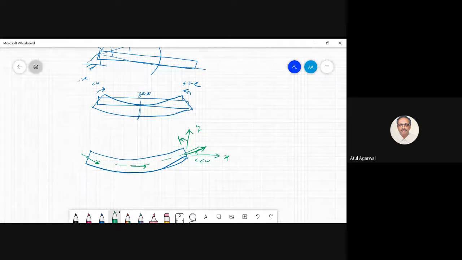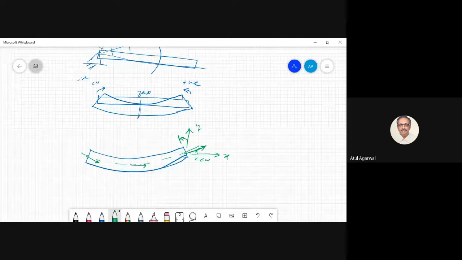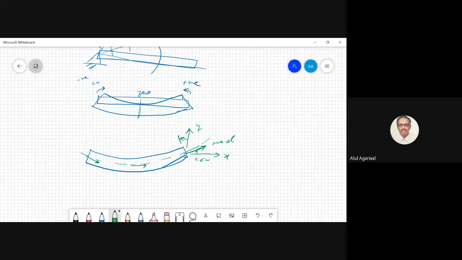What is the slope? Positive slope. You see this neutral surface is having a positive slope. Here, what is the angle made by the tangent? Clockwise. Here, what is the angle made by the tangent? Counterclockwise. So you're having a negative slope here.